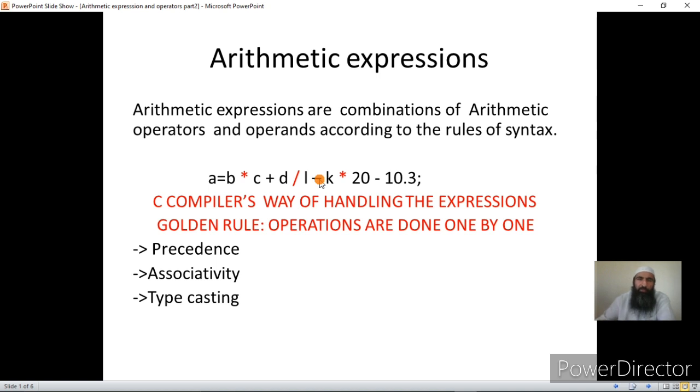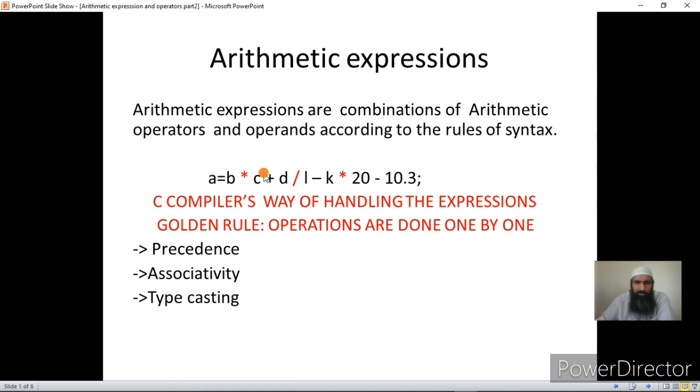Now C's precedence rule says that multiplication and division have the highest precedence. Therefore in this expression multiplication and division will be performed first. After that the compiler will be performing addition and subtraction.